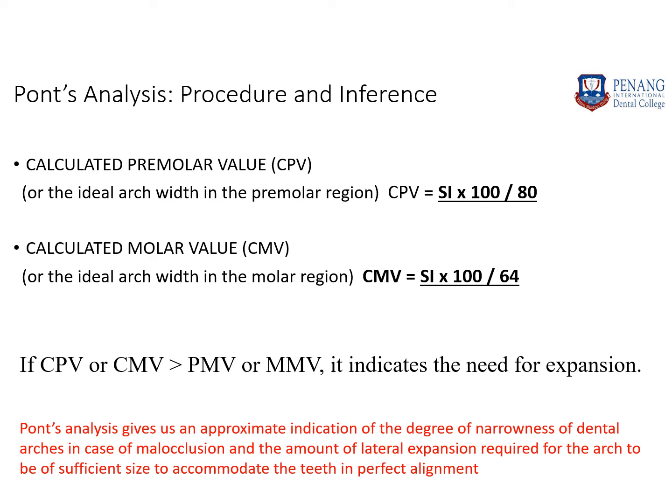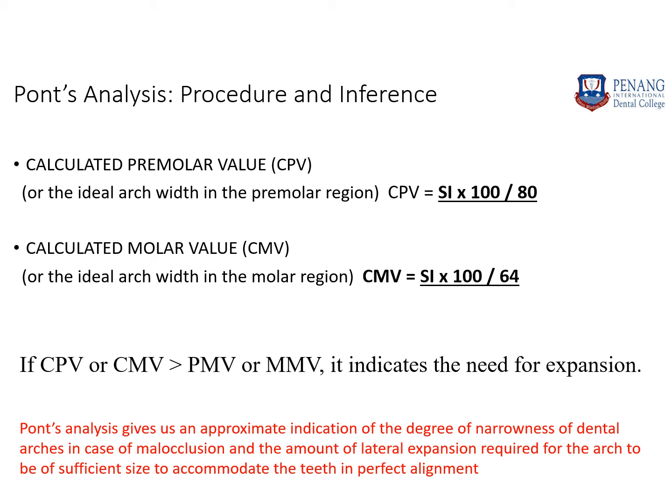You use the value you found by measuring the four incisors, that is SI, multiply it by 100 and then divide it by 80. That will give you CPV. In the same way there is CMV, the calculated molar value, and for CMV it is SI times 100 divided by 64.